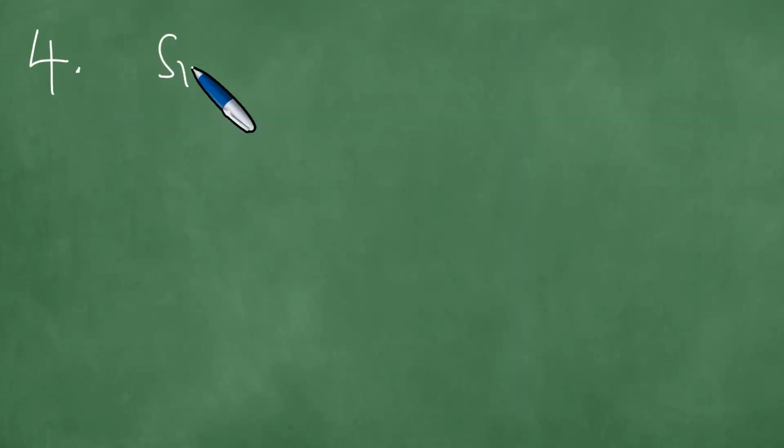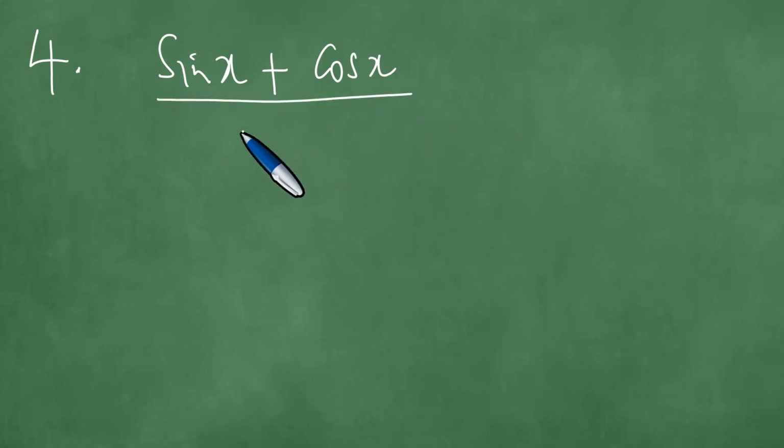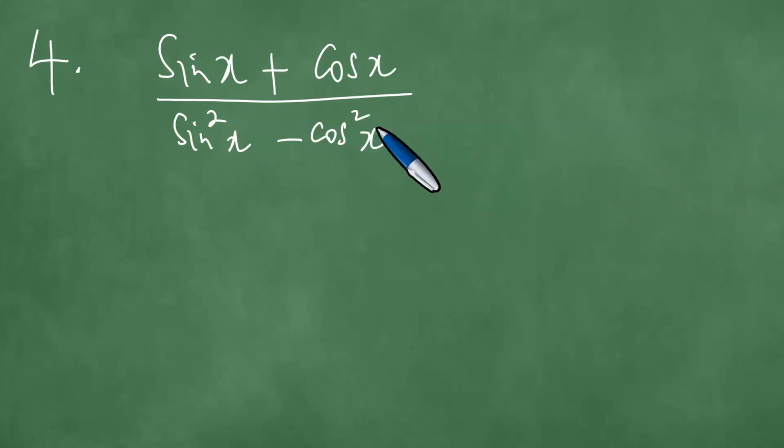What about if we give you sine x plus cosine x, all squared, and you divide everything by sine squared x minus cosine squared x?